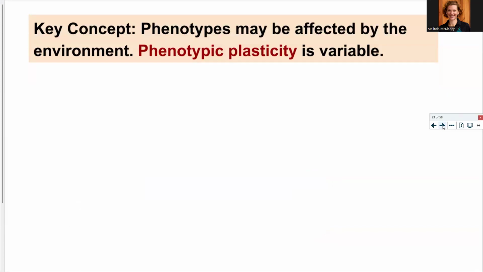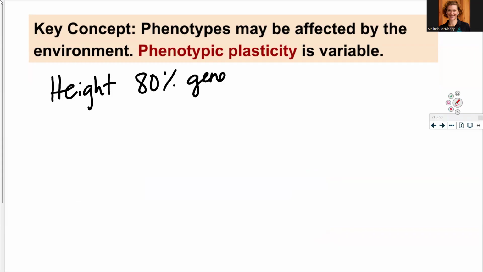So phenotypes can be affected by the environment. This is the other side of the height example. For height, you've got about 80% of your height as a human determined by your genes. That means you have about 20% of your height which is going to be due to your environment.